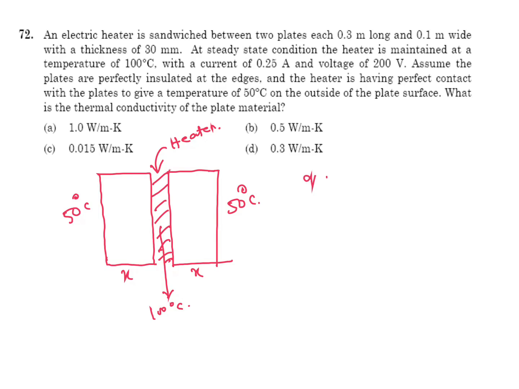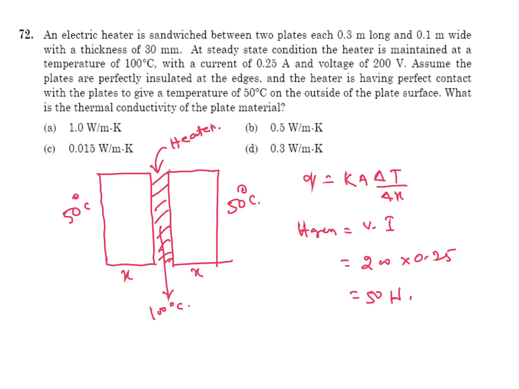So heat generated is V into I. V given, voltage is 200 into I is 0.25, it's 50 watt. Heater is maintained at 100 degrees Celsius, so heat generated equal to heat dissipated.